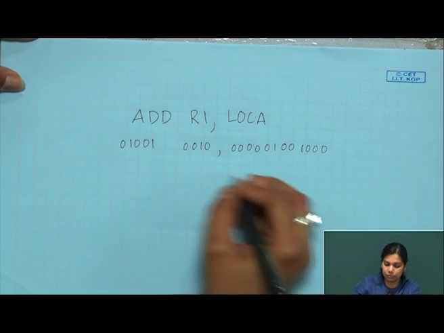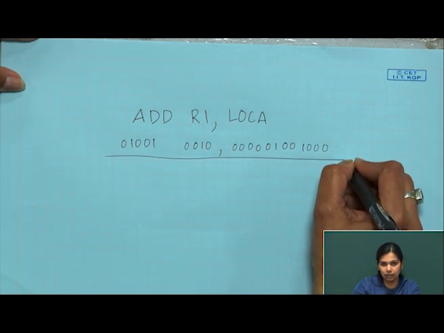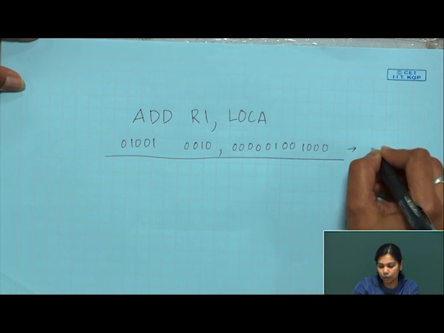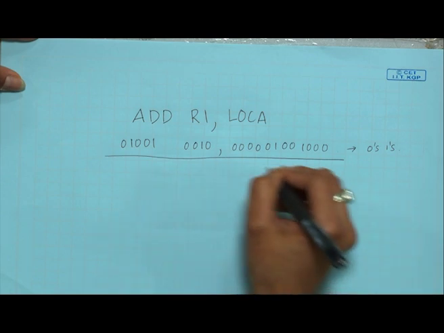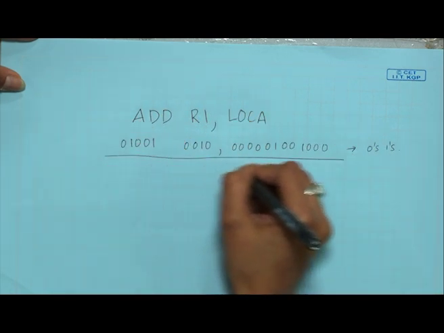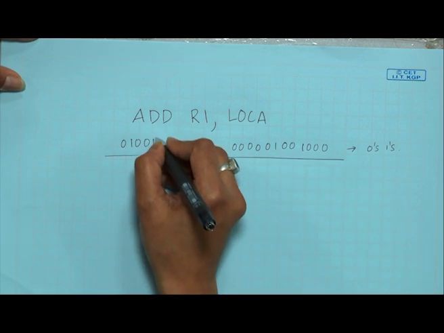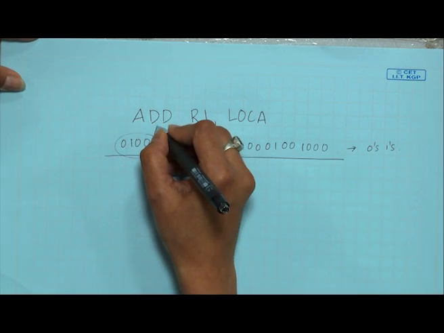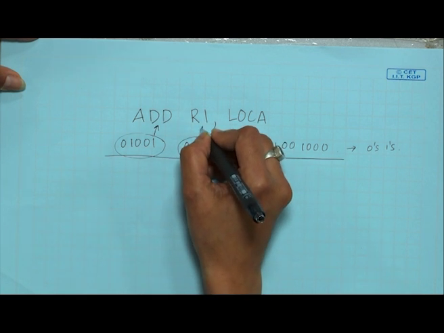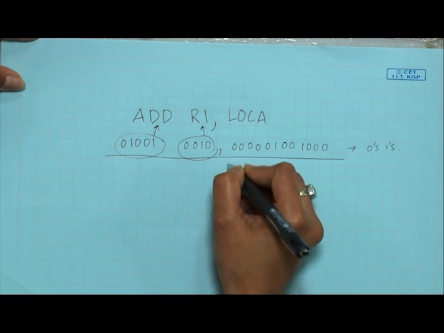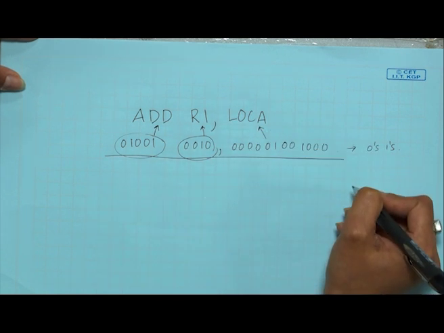So, what am I specifying? I am specifying the entire instruction in bits of zeros and ones. When I specify an instruction in the form of zeros and ones, this number actually specifies the add instruction, this number actually specifies this R1 register, and this number specifies this location.